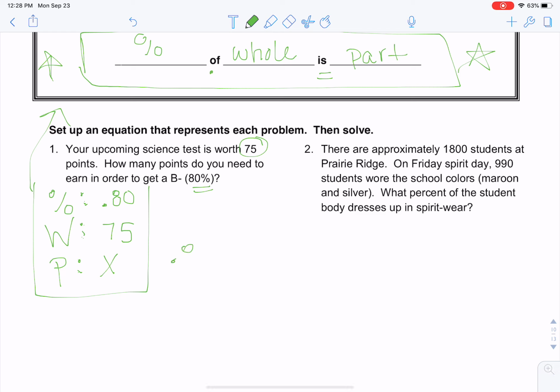So 0.80, the percent, times the whole amount should equal the part. I just need to multiply those two things together, and that gives me 60. Since it's a word problem, I can ask myself, does this make sense? 60 what? That means I need to get 60 points on that 75-point test to get an 80%, and that makes sense.